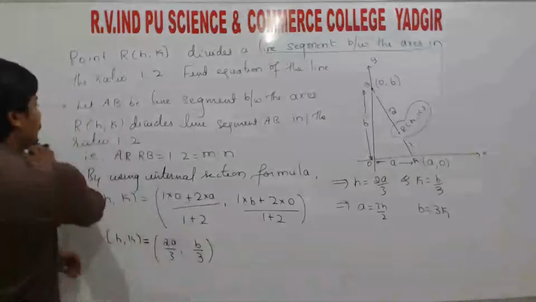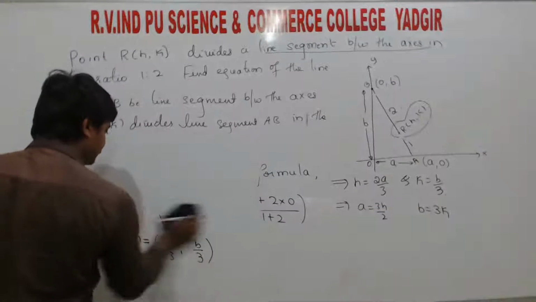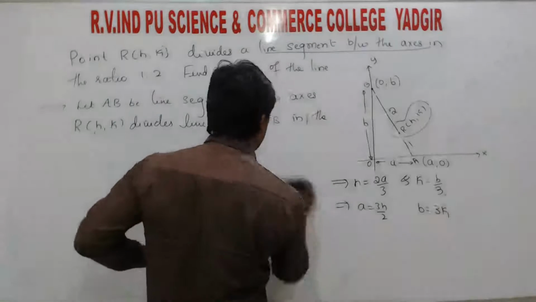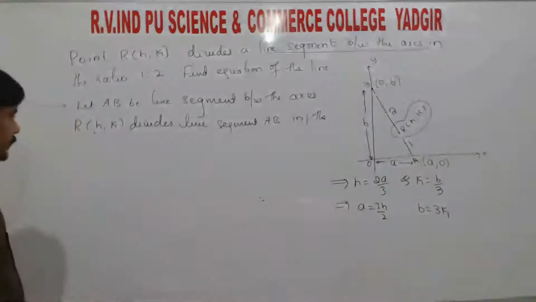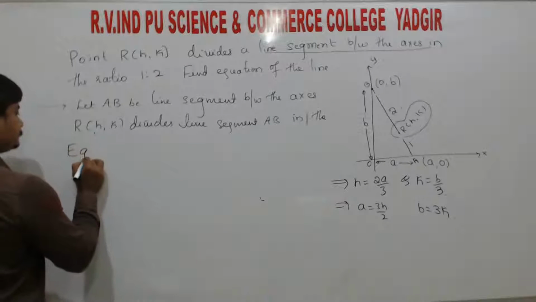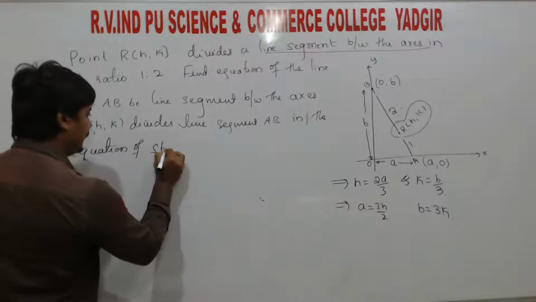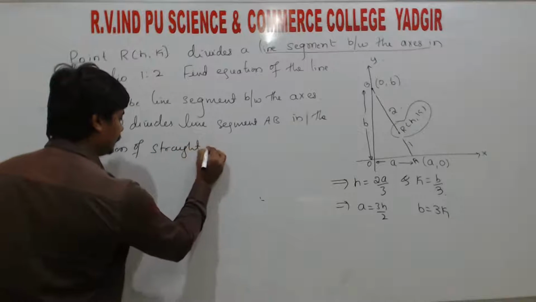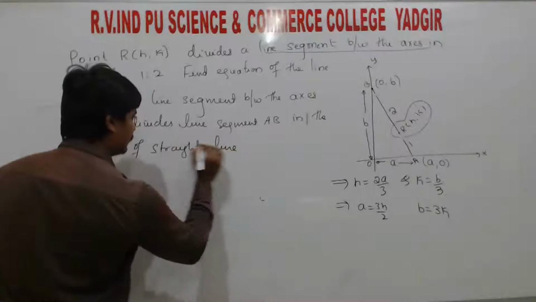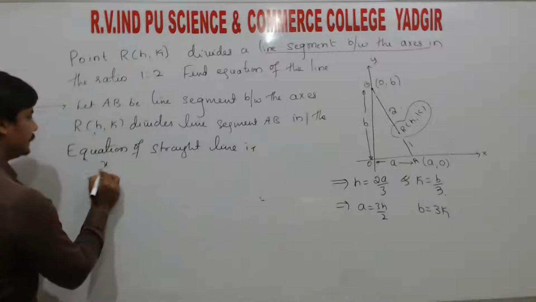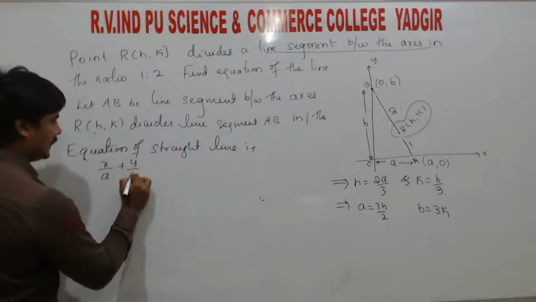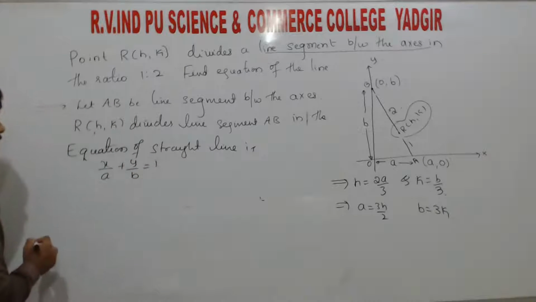Now use the intercept form of the straight line equation. The equation of the straight line is x/a + y/b = 1.